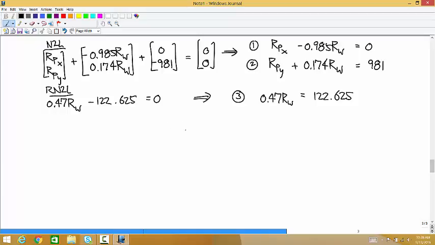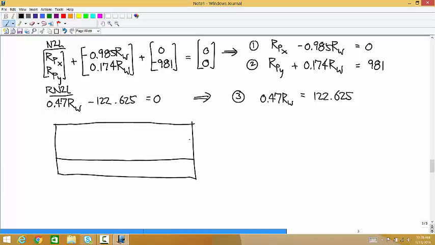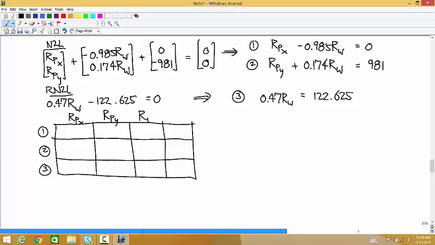And so now you have three equations and three variables. You can use reduced row echelon form to solve this. There's equation 1, equation 2, equation 3. And you can choose the order for your variables. I'll do it RPX, RPY, RW, and then these are the constants.